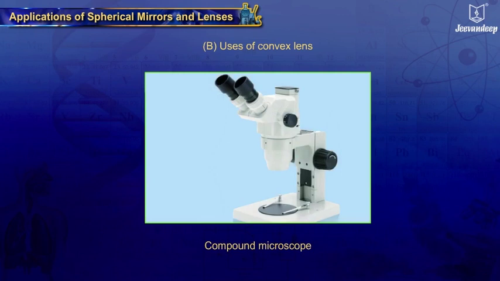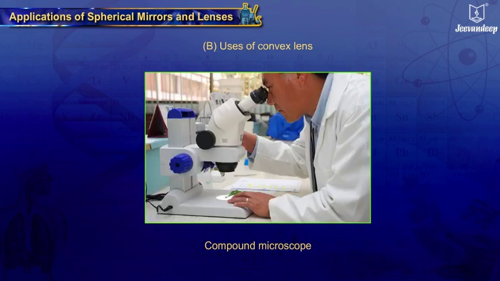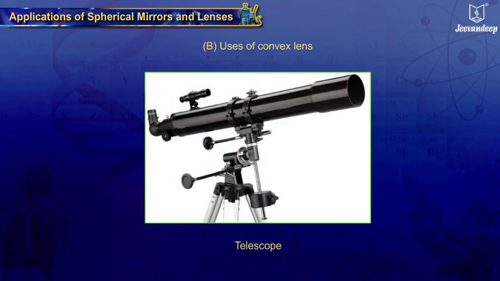Compound microscope. A combination of two convex lenses having short focal lengths are used in compound microscope. It is used in laboratories for observing microorganisms, cells, bacteria, etc. Telescope.